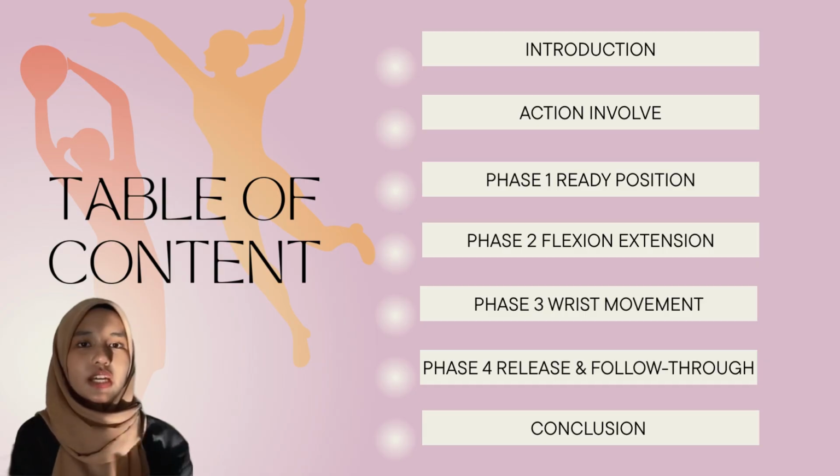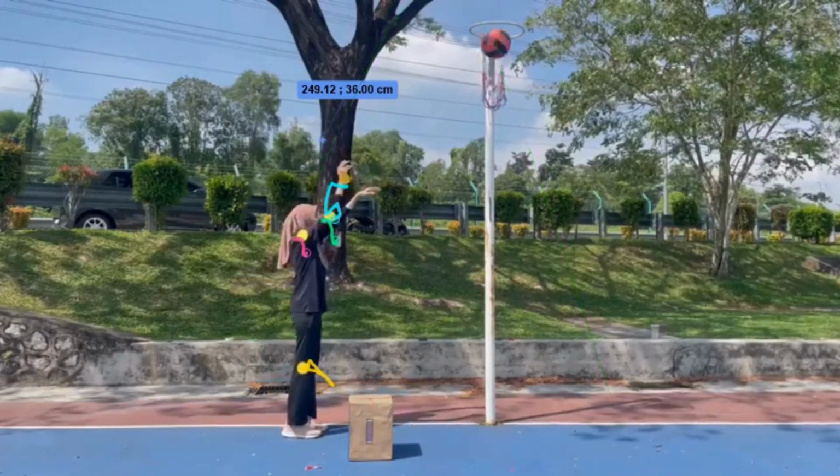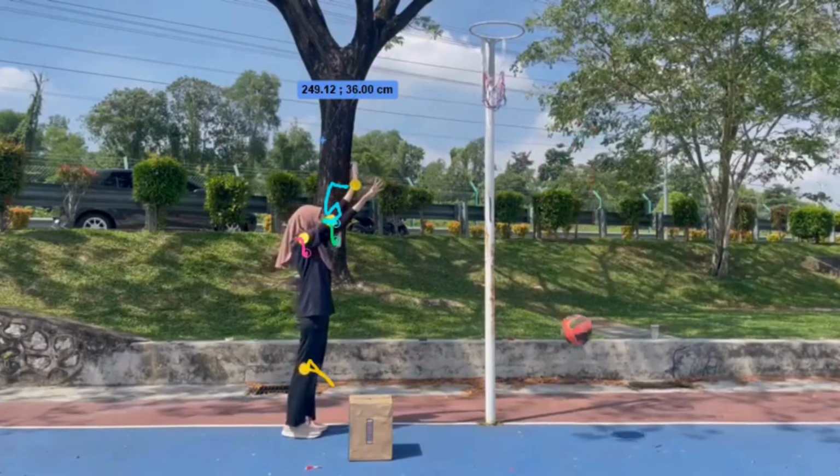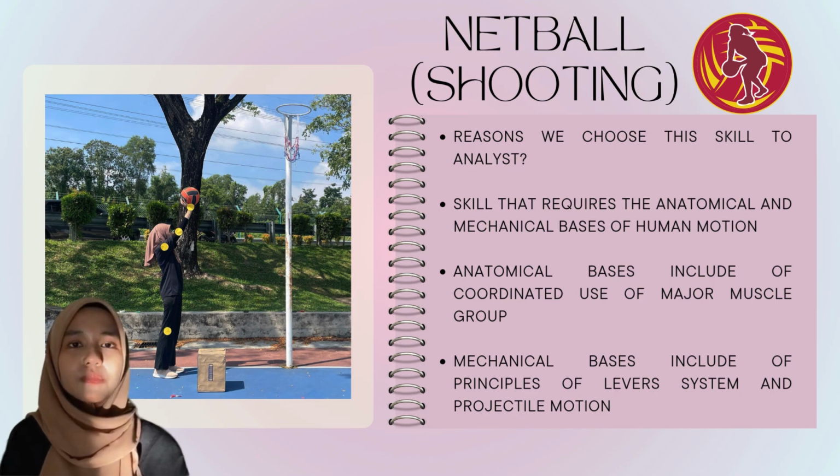Okay, but before we start, we will show you the preview action of shooting in netball. So now, the reason we chose shooting in netball is because this skill requires both the anatomical and mechanical basis of human motion.